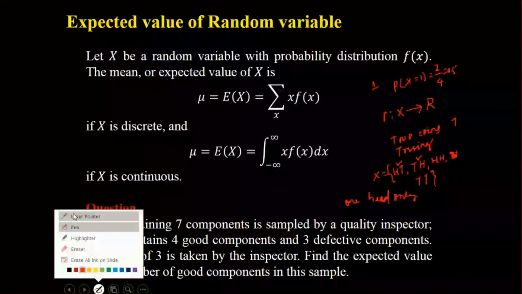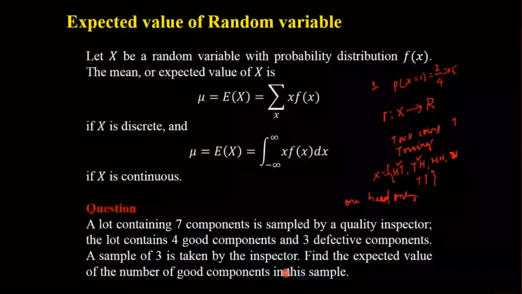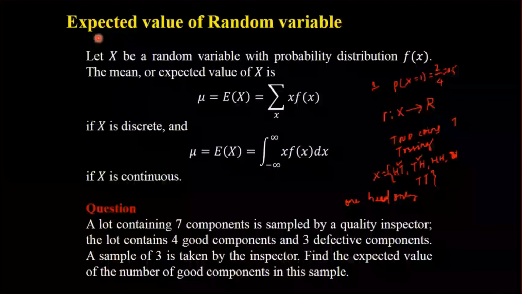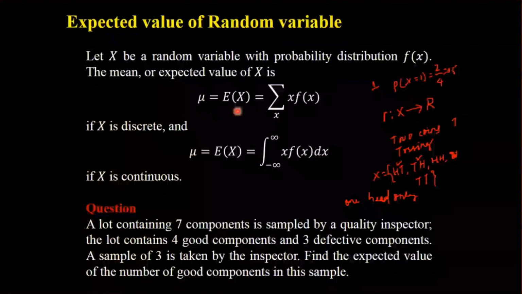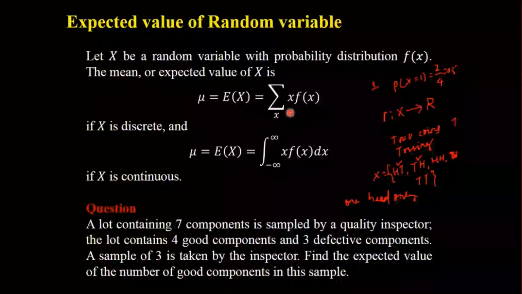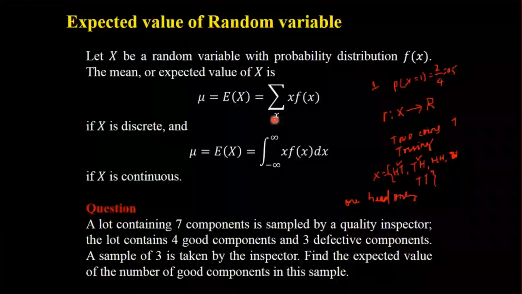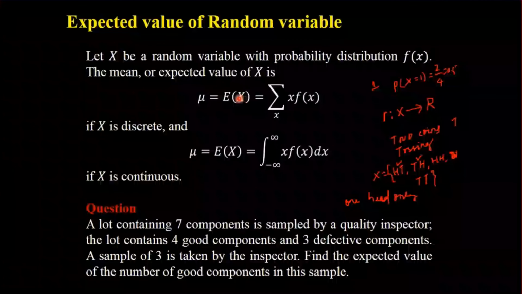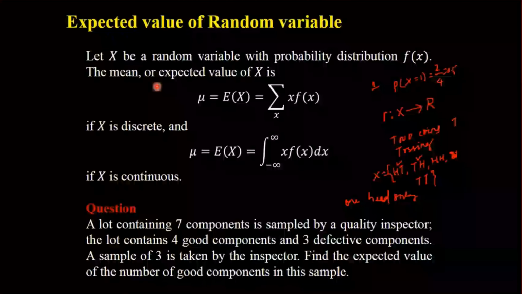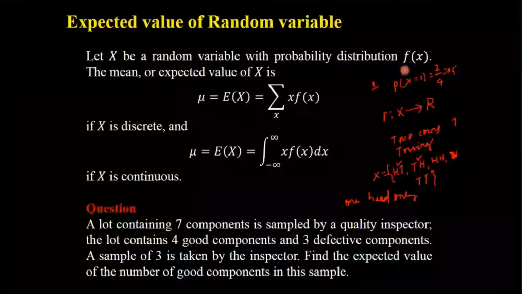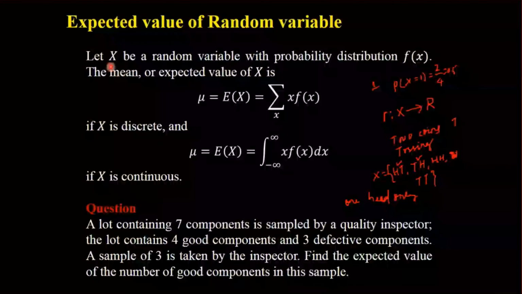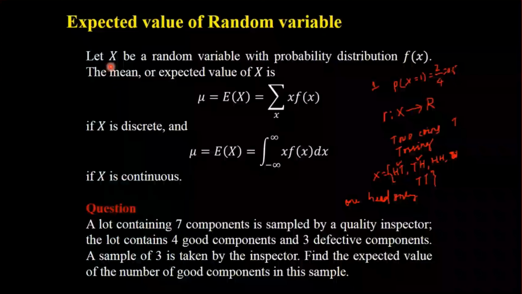But using the random variable, you can find the mean and variance also, or expected value. Expected value or mean is defined like this, as already discussed. If X is the random variable, then the expectation of X will be the summation of small x times f of x, where f of x is the probability distribution function and capital X is the random variable.